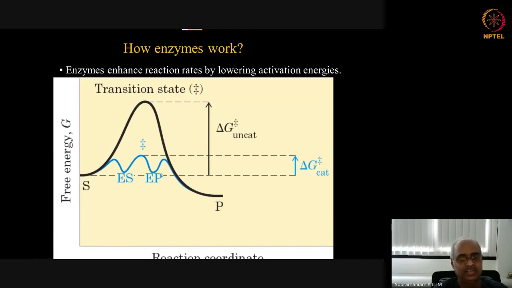So this is a three-step reaction with two intermediates being formed. In that, this ES to EP is the one that requires the highest, and therefore we call this the rate limiting step.